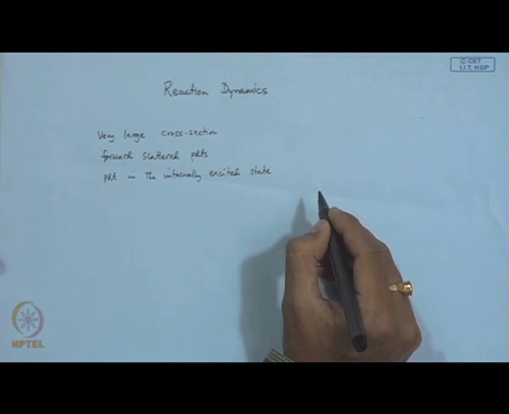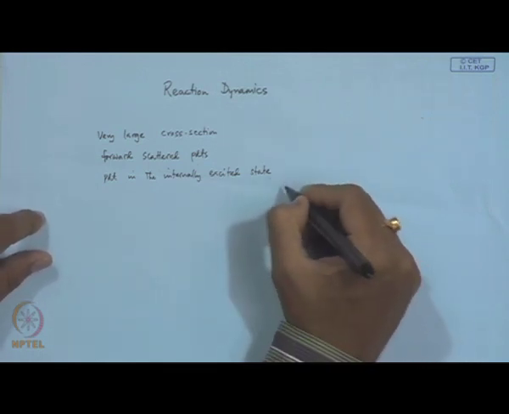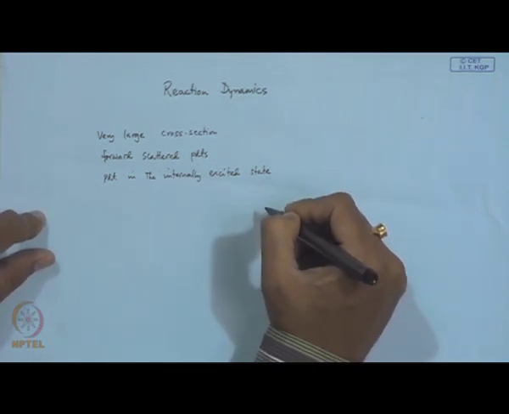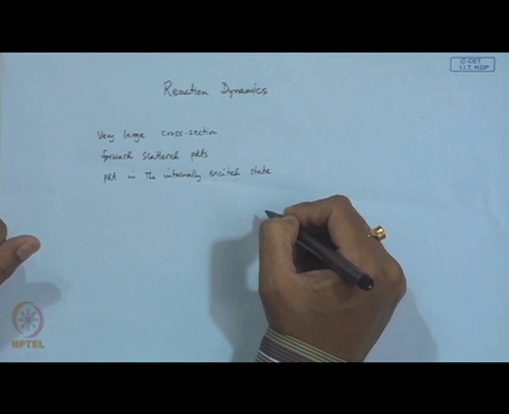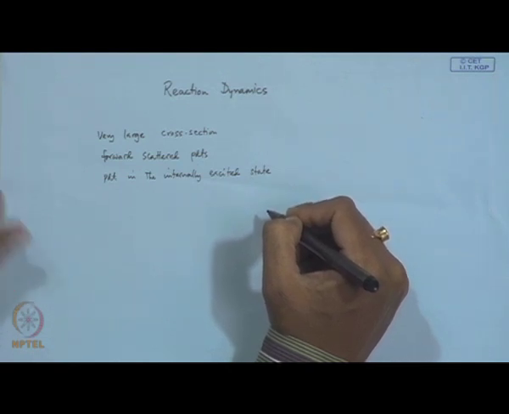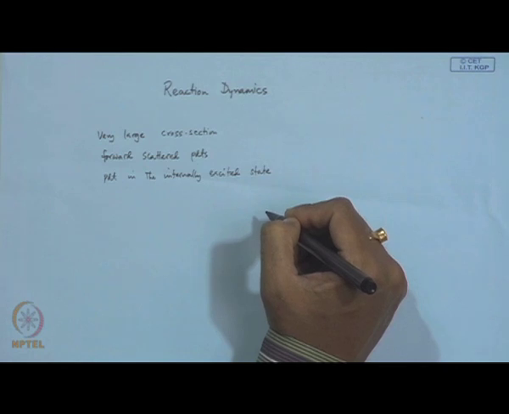For this Harpoon mechanism, a fairly heavy reactant plucks the light atom from the other reactant, and basically the remaining part acts as if it is a spectator. It cannot do anything, and reaction occurs.